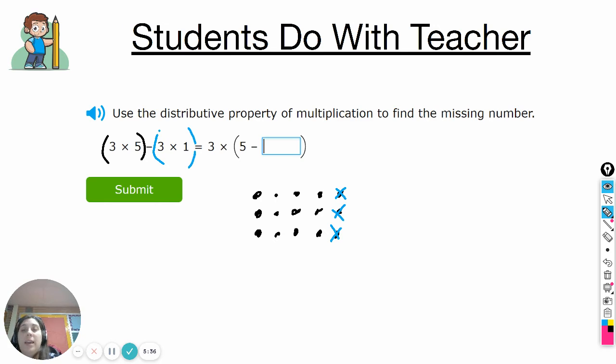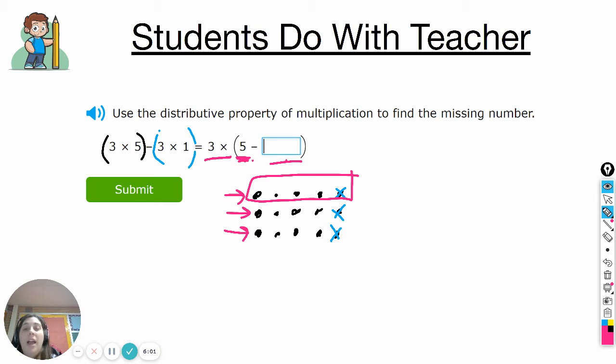Now that's saying that equals 3 times 5 minus what? So we have to figure out what goes in that second blank. Well, there's 3 rows, and if we look at one row, we started with 5, and that's where this 5 comes from. And it's asking, how many did we take away?